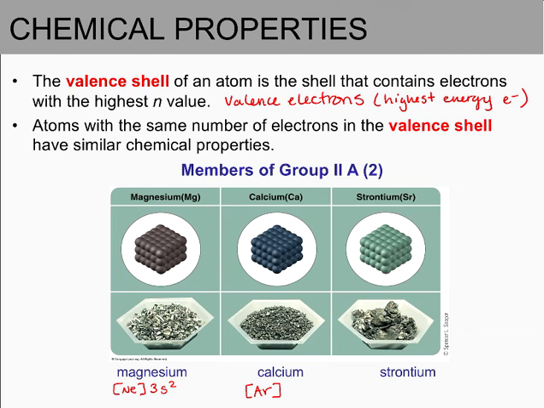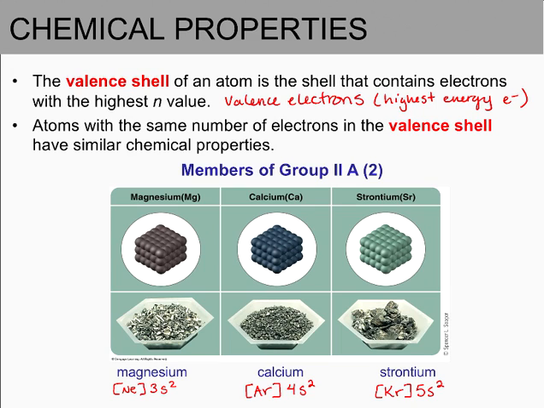And calcium has two more electrons than argon, and they are located in the 4s orbital. And then strontium is right after krypton, and it has two more electrons than krypton, and they are in a 5s orbital.